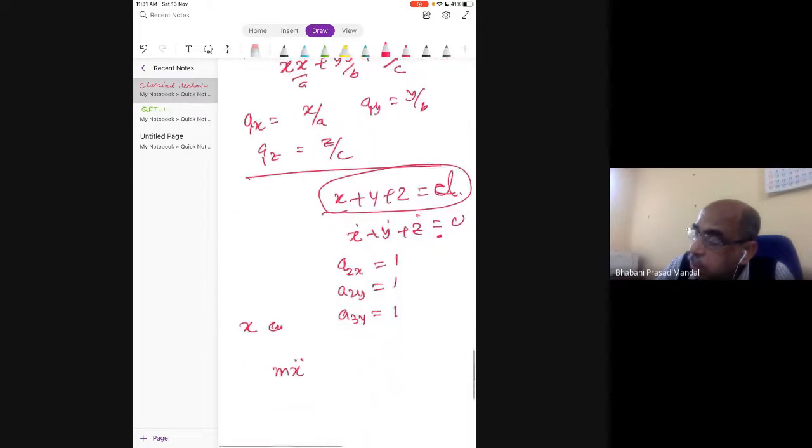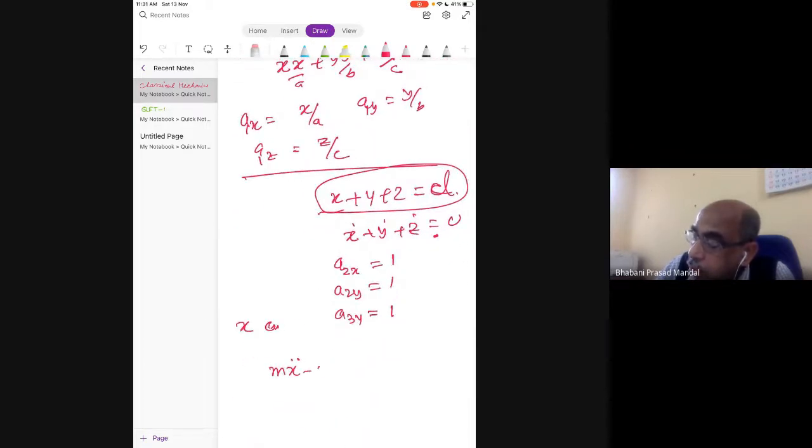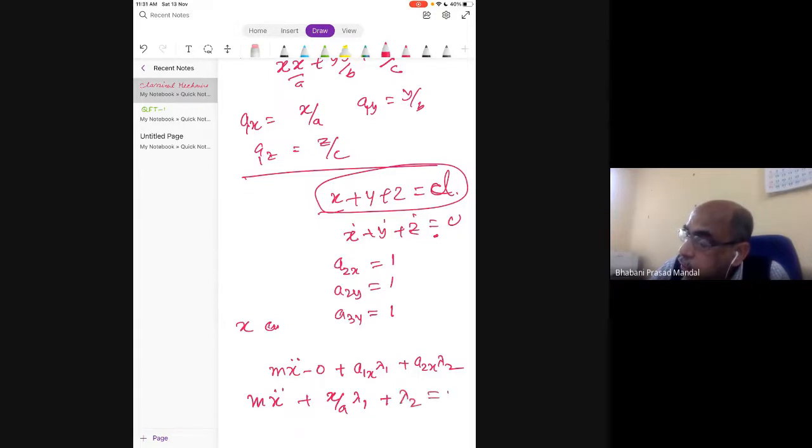Second term del L del x will be minus 0, and plus a1x lambda 1 plus a2x lambda 2. So your equation will be m x double dot plus a1x, which is x by a square, lambda 1 plus a2x, which is 1, lambda 2 equal to 0.